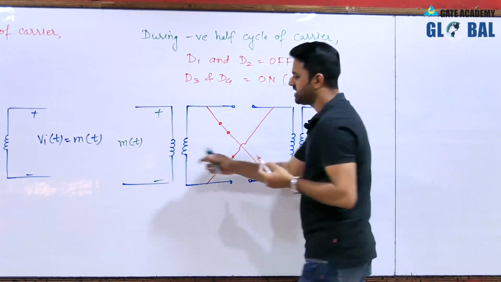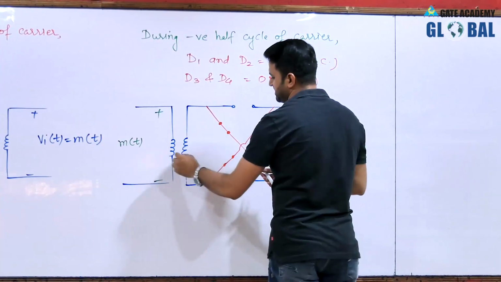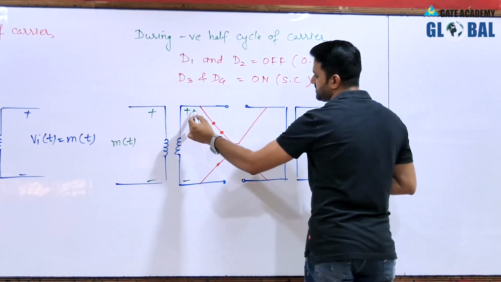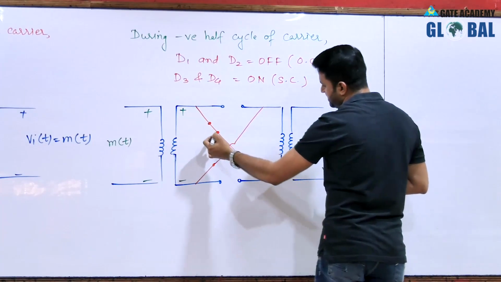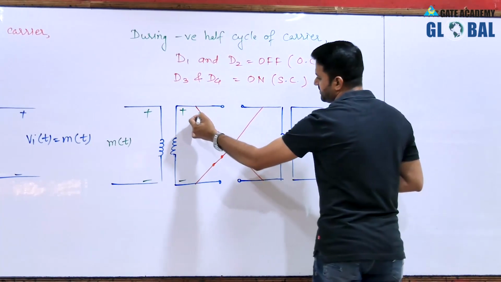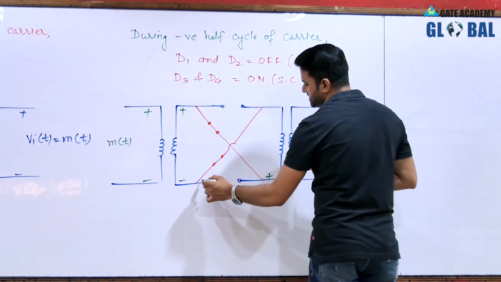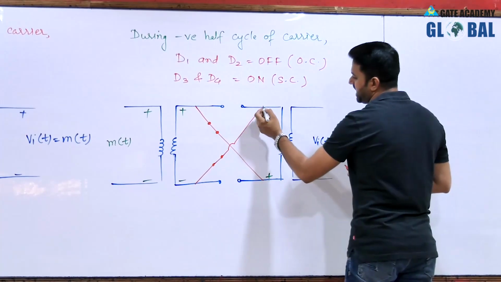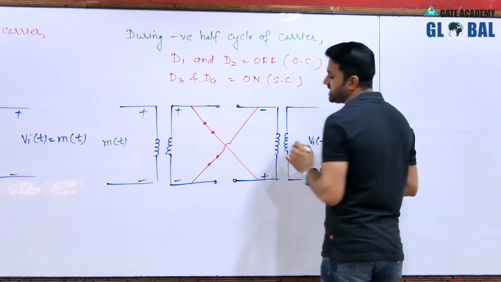So when we apply the message signal m(t), suppose this is plus and this is minus, because of this transformer the plus and minus will be induced here, but this positive sign will have the path like this. This plus sign will go into this side. Now this minus sign has a path through the short circuit, and there is no path on the other side, that is open circuited.